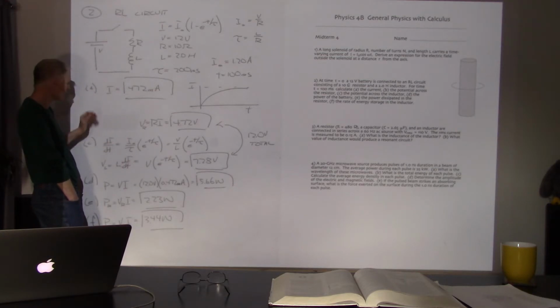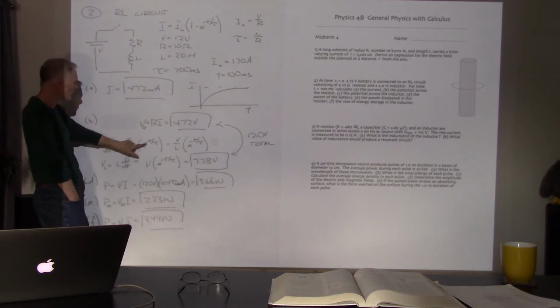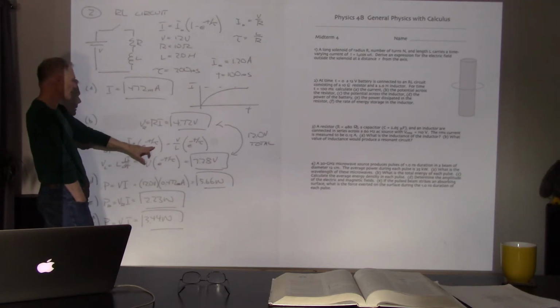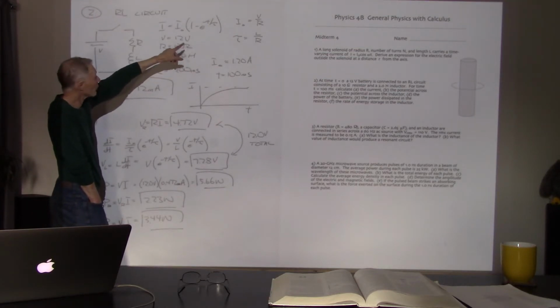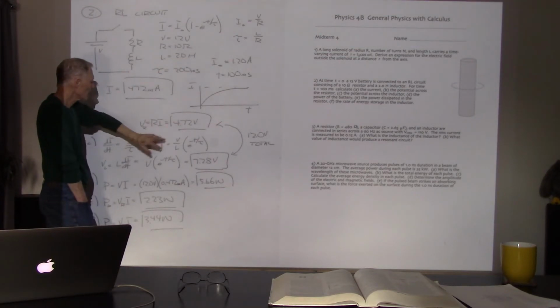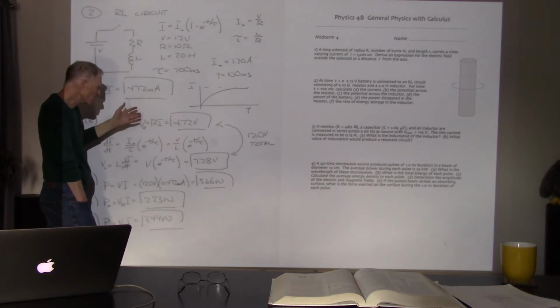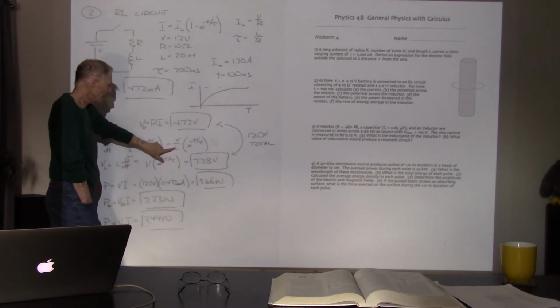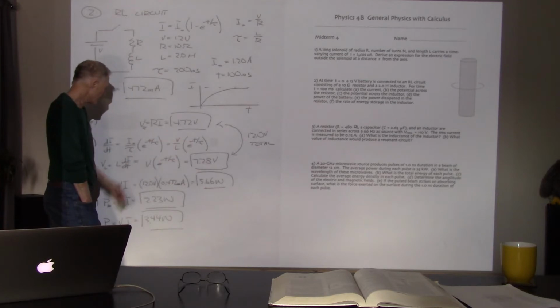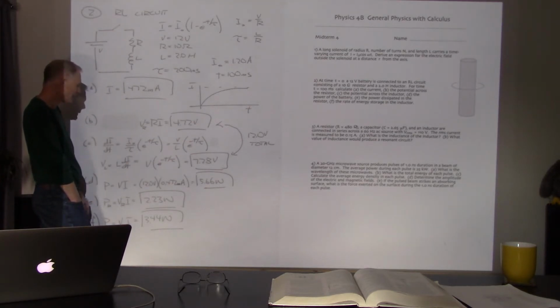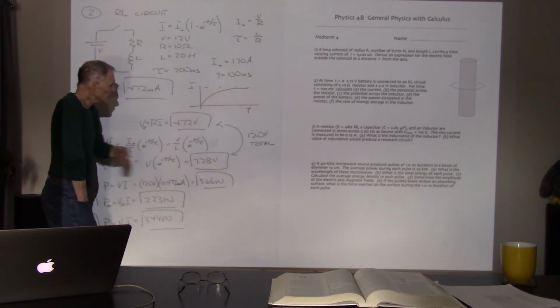I went back and solved it. So di dt is equal to I naught over tau e to the minus t over the time constant. And that, using the values for I naught and for tau, simplifies to V over L. So it's V over L e to the minus t over tau. I plugged that all in, and I got 7.28 volts.